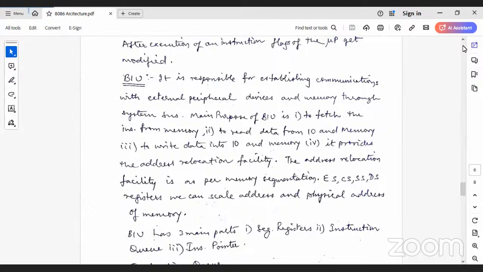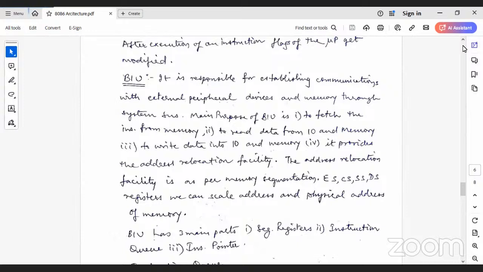And it also provides the address relocation facility. This address relocation is one particular feature of this 8086 processor. So this address relocation is done as per the memory segments.